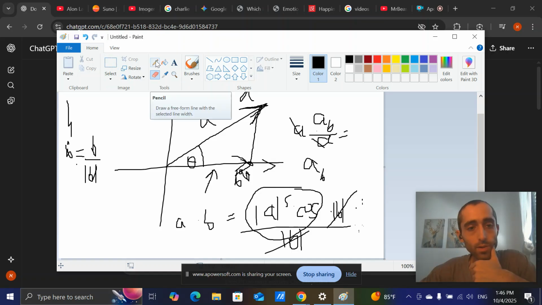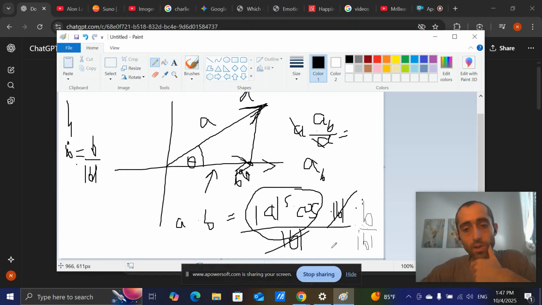So you take B and divide it by the norm of B. But when you look at all of it, what you got, if we sum it all up, is the norm of A, norm of B, cosine theta, right?